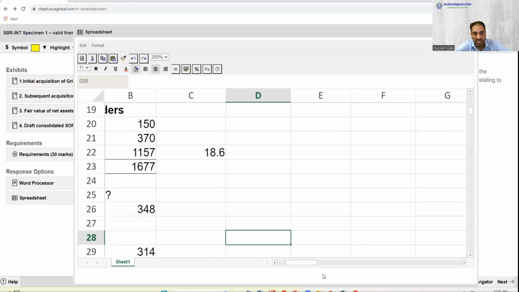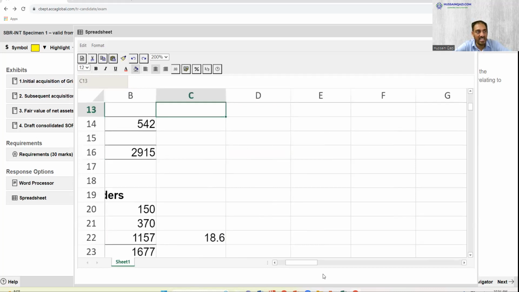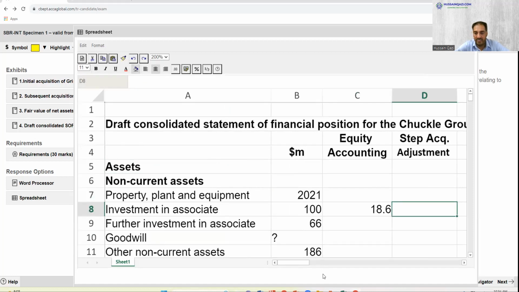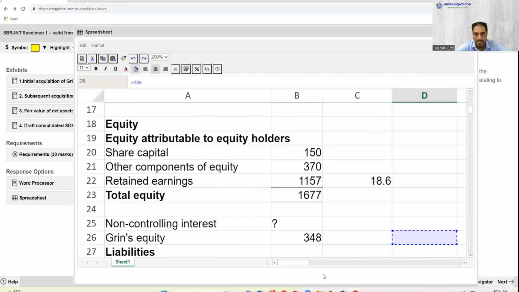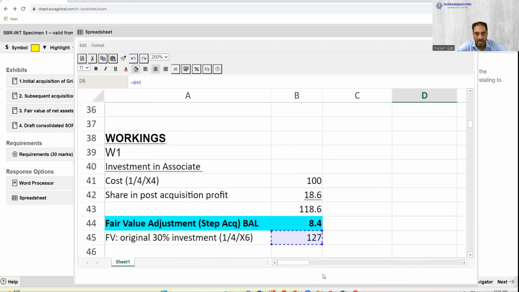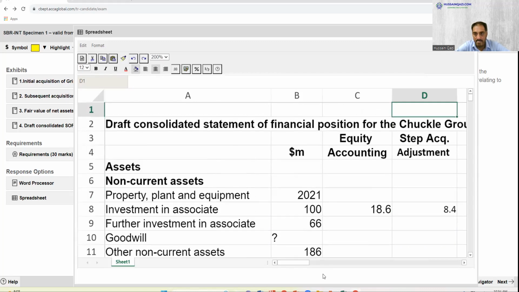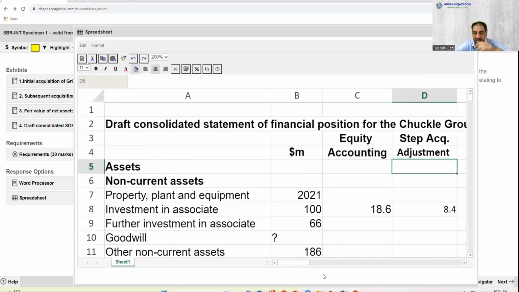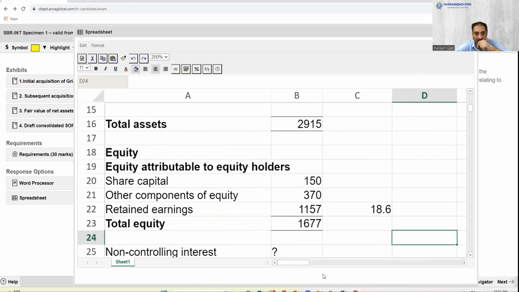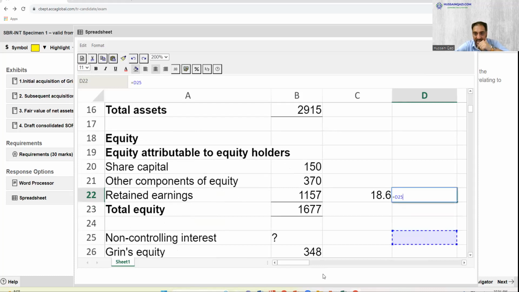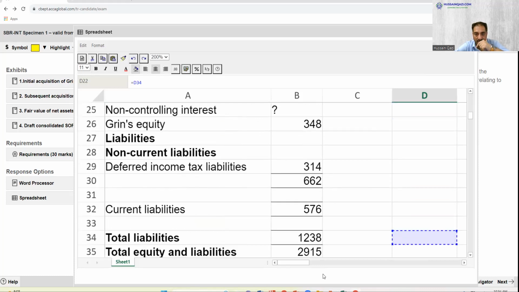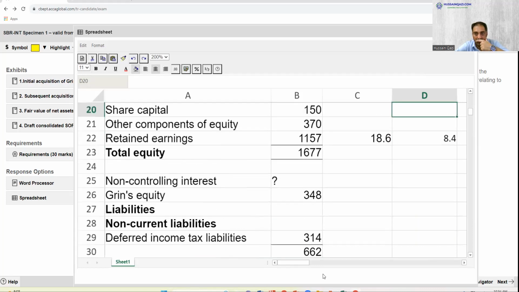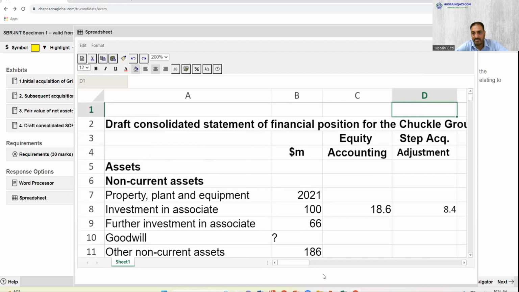Yes, step acquisition adjustment. And that is about 118.6 and value is 8.4. So what should be the entry? Investment debit and retained earnings credit. Profit to retained earnings. That's the second adjustment.